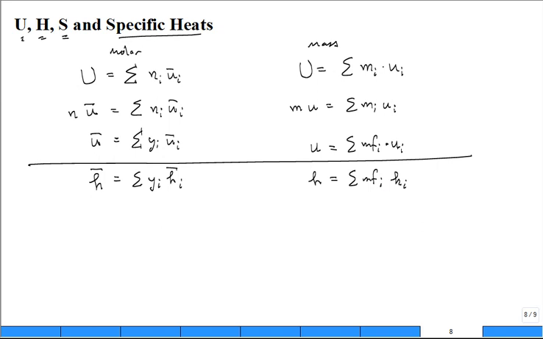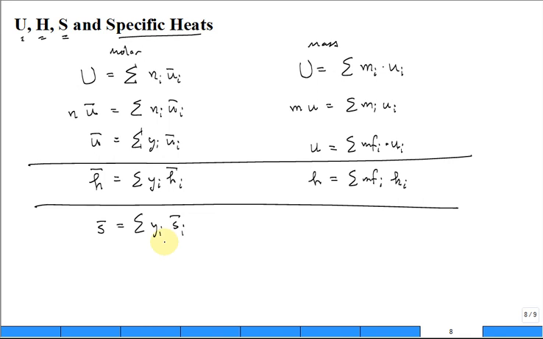How about entropy? Well, maybe it's the same type of approach. We have that the S bar is equal to the sum of Yi S bar I's, and S is equal to the sum of the mass fraction I's times S I's. Make sense?